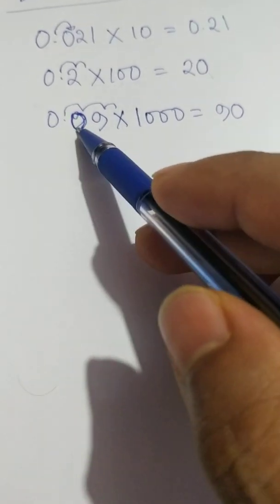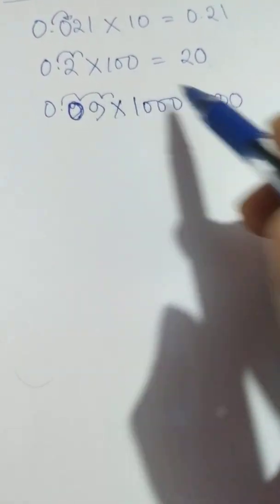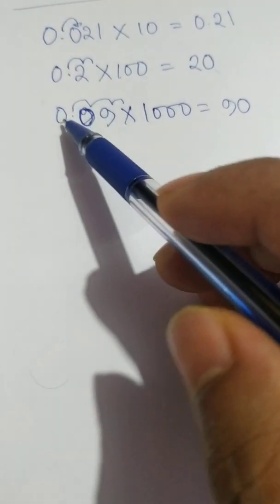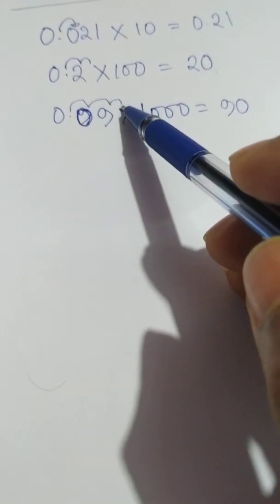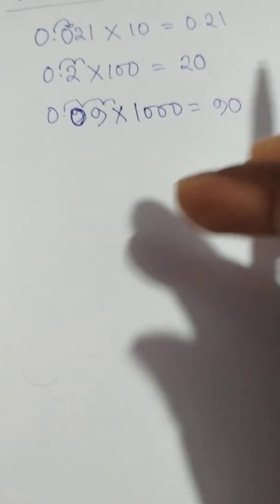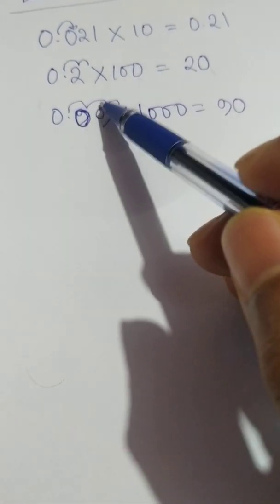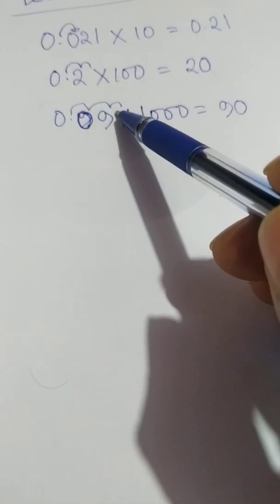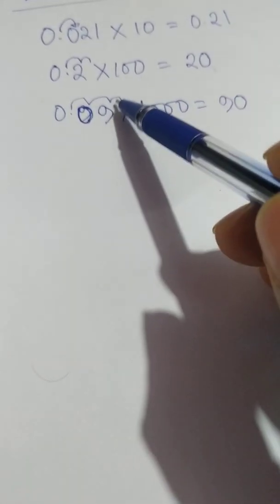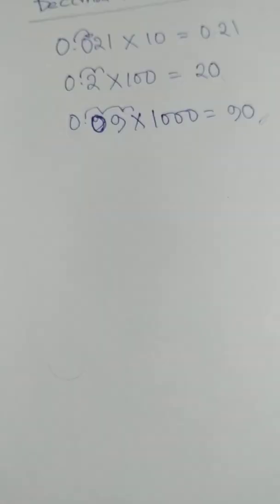There is no meaning of these zeros if there is a number. The decimal goes 3 places ahead, and since there is no number, we don't write the decimal again, and there is only 9 remaining, 9 and 1 zero for this empty space. So it becomes 90.